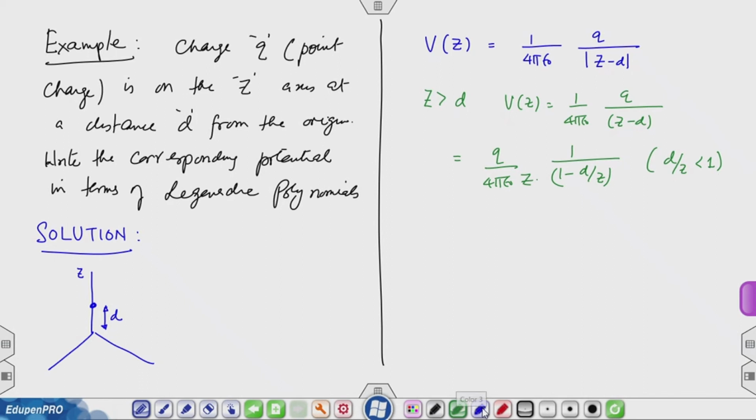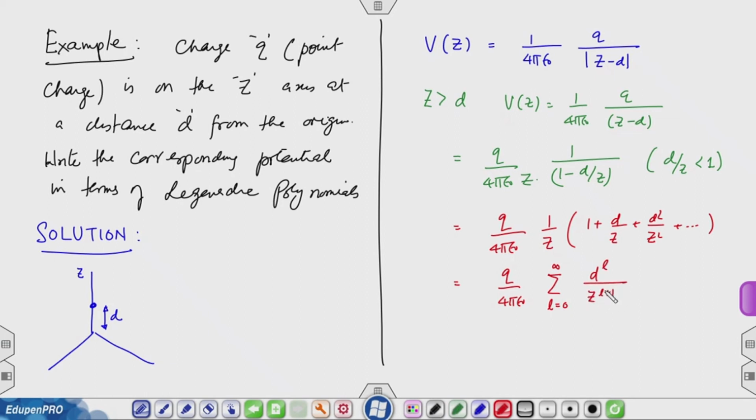And therefore, I can write this solution as q over 4 pi epsilon 0 times 1 over z times 1 plus d over z plus d square over z square and so on, which is equal to q over 4 pi epsilon 0 summation L equals 0 to infinity d raised to L over z raised to L plus 1, and this converges.